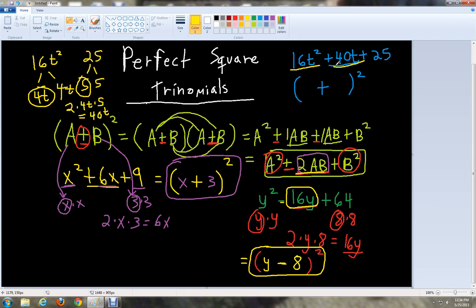So it works, right? That's what we had here, 40t. So we know our a is 4t, and our b is 5. So our final answer for 16t squared plus 40t plus 25 is 4t plus 5, all that squared.